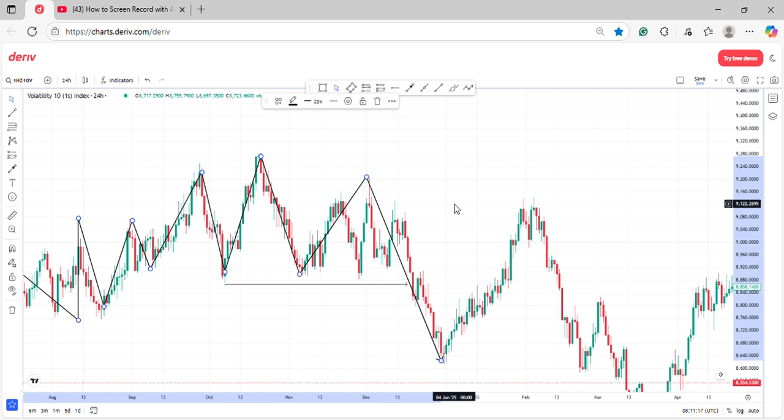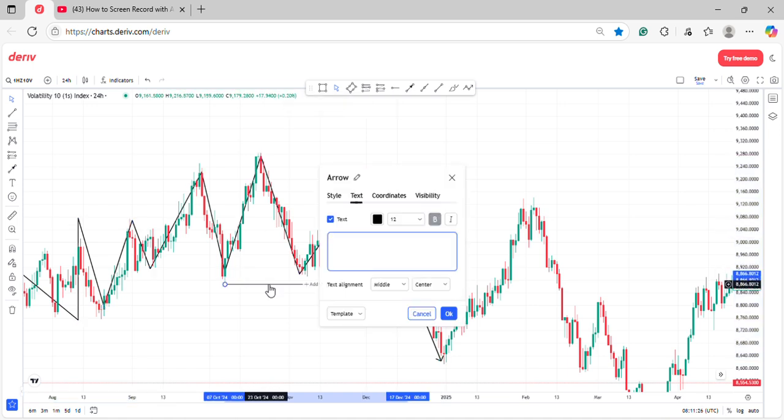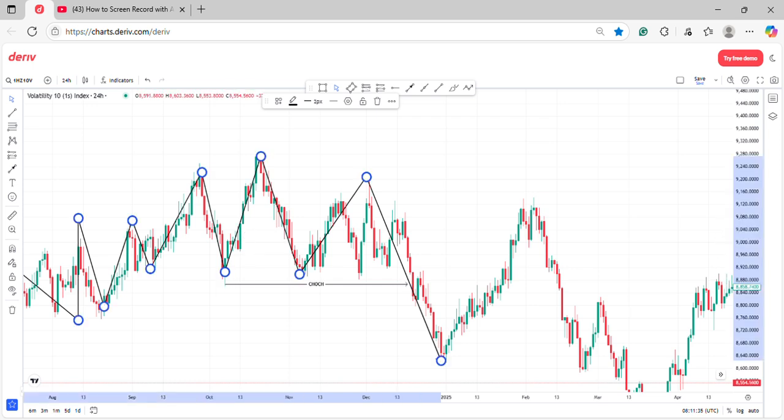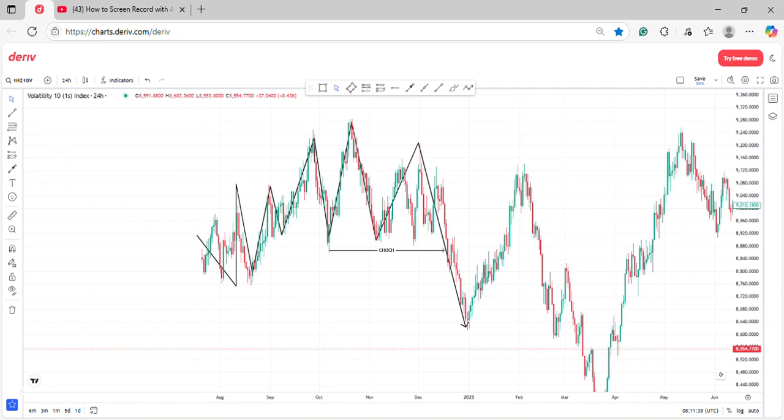It doesn't matter, as long as you can spot the particular zone in the market. For me, let me call it CHoCH, market change of character. So there is a change of character at this level.